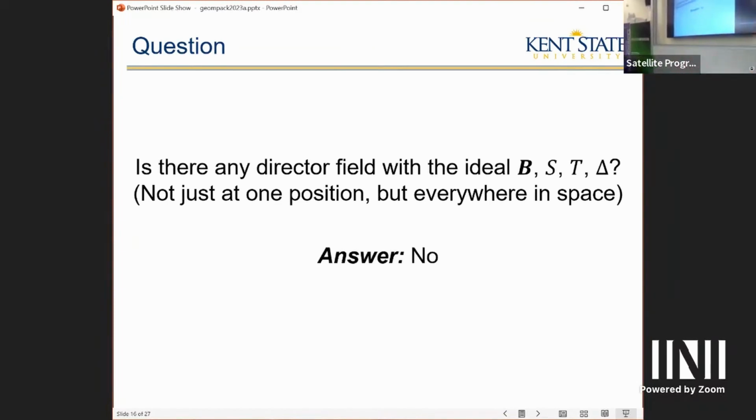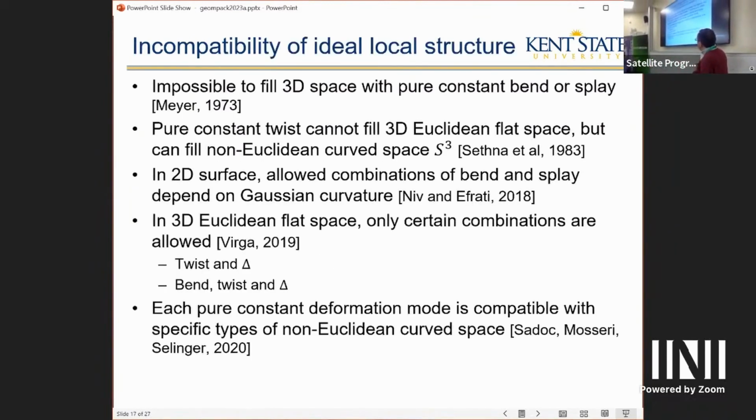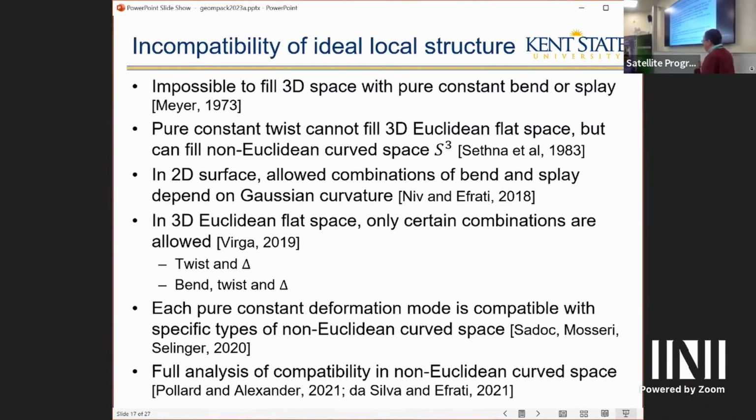It is just not compatible with three-dimensional geometry. There have been many years of theoretical research which go into this no, which I don't really have time to talk about.